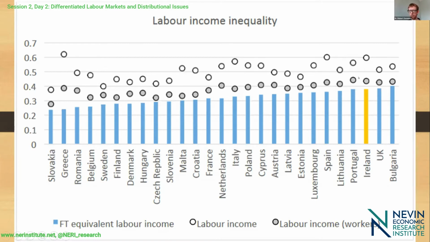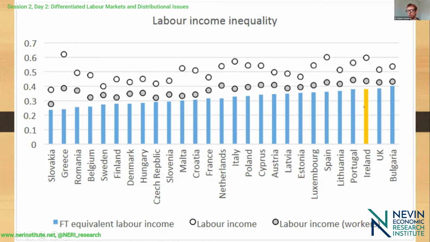Well, you might also turn around and say that, well, that's just due to Ireland having lots of part-time workers. And so it's not really because wages are unequally distributed or anything like that. So what this bar does, it looks at the inequality of earnings controlling for working time. It uses a measure called full-time monthly equivalent income.